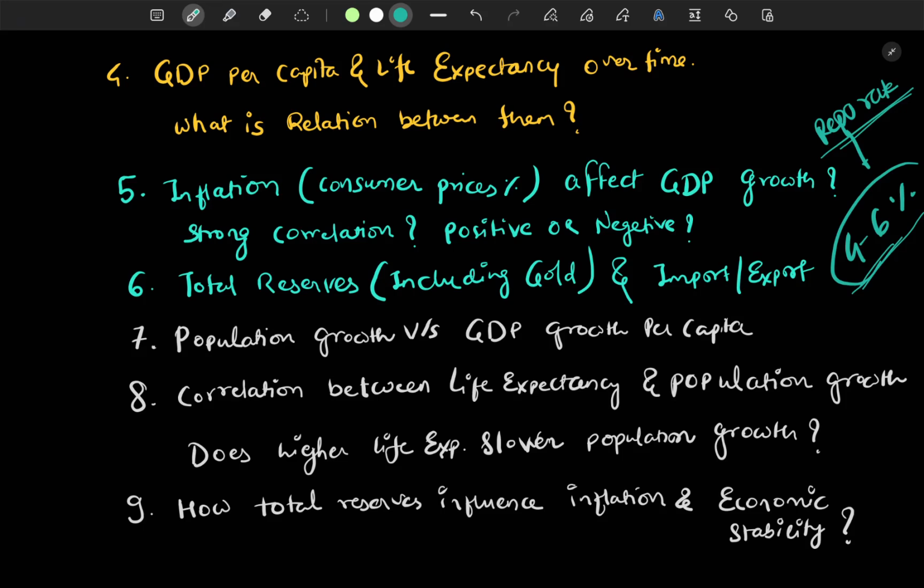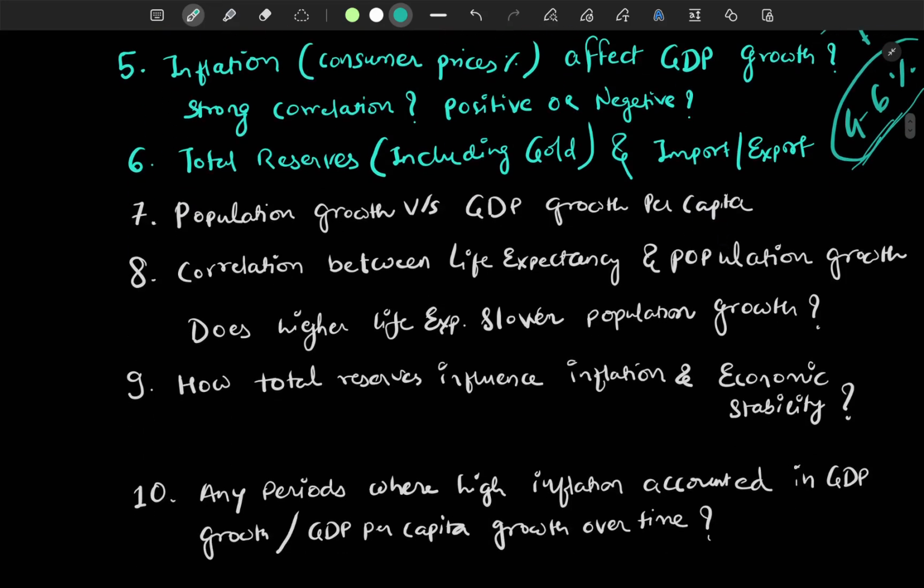In that time the reserves also may help maintain the strength of our currency. We will also look at population growth and GDP growth over time. Suppose the population is growing rapidly but GDP is not, then GDP per capita will reduce.